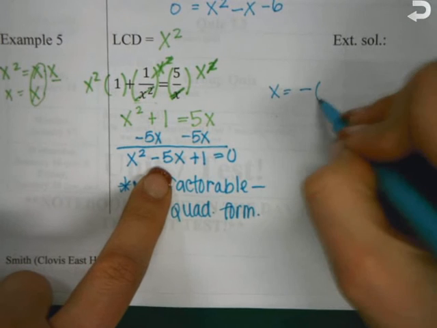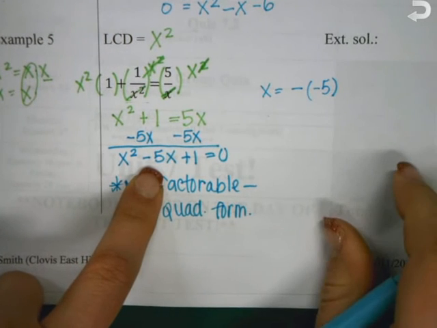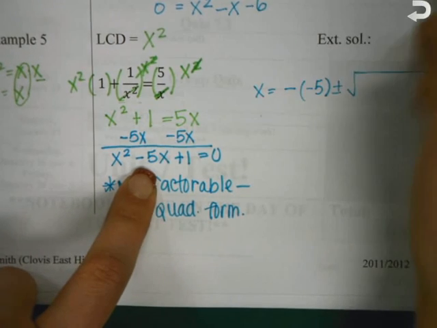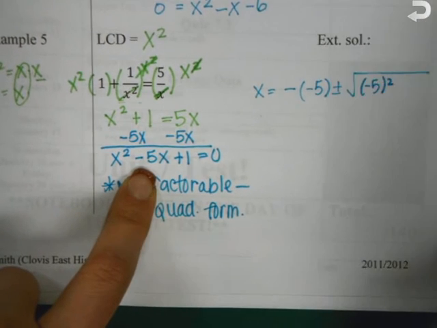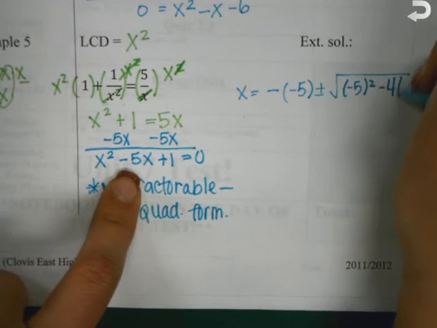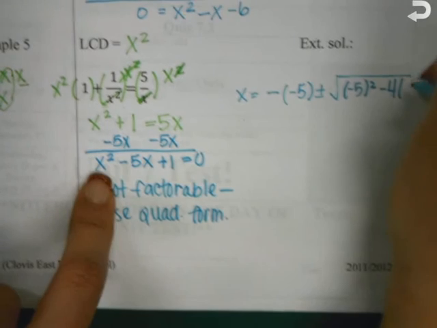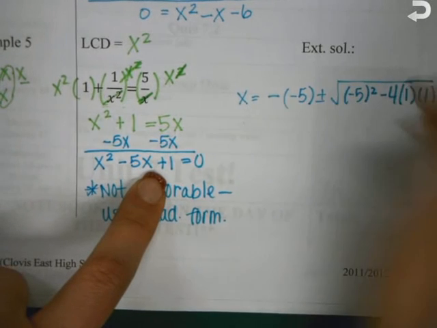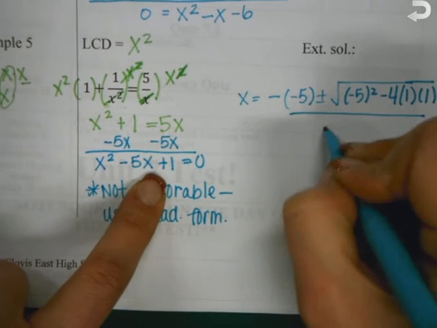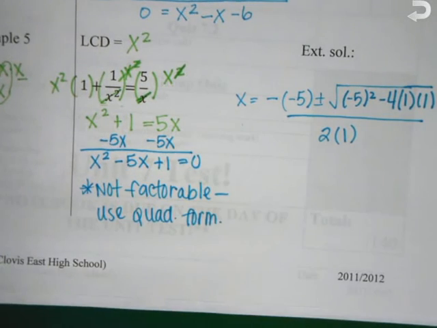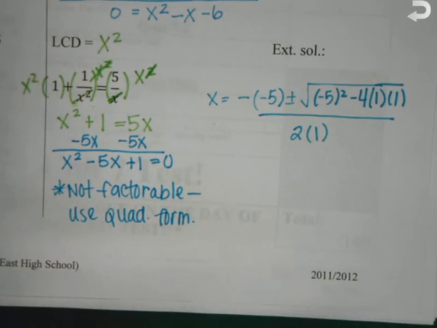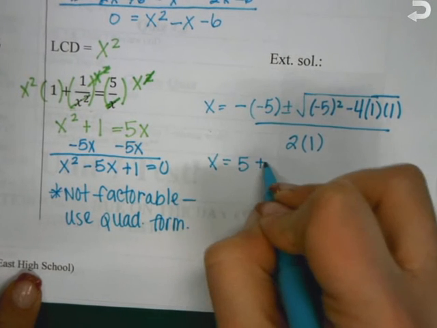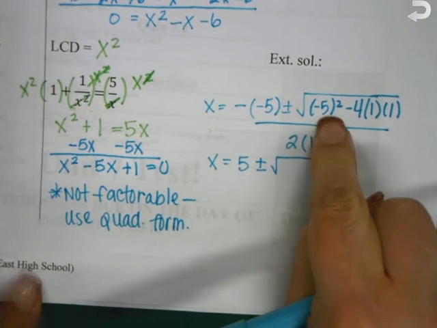Okay, so that's going to be x equals positive 5 plus or minus. Negative 5 squared is 25. 25 minus 4 is 21. All over 2. We can't simplify that anymore, so that's going to be my answer. And what's my extraneous solution here? X cannot equal 0. So we're good.